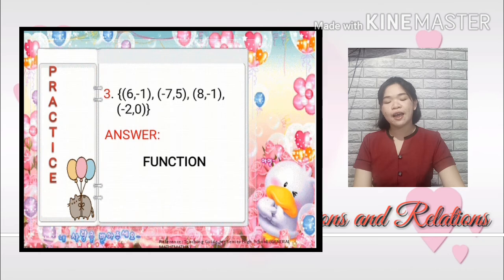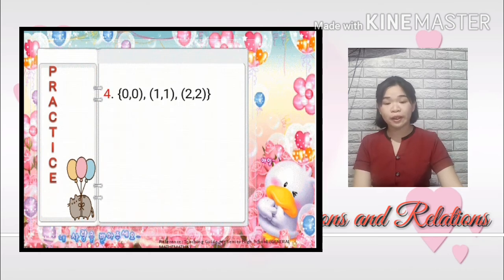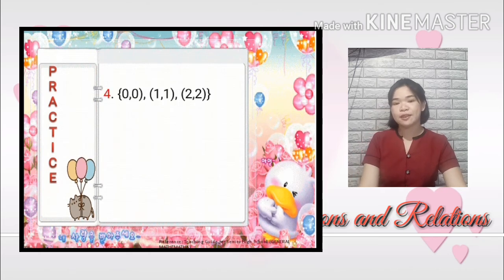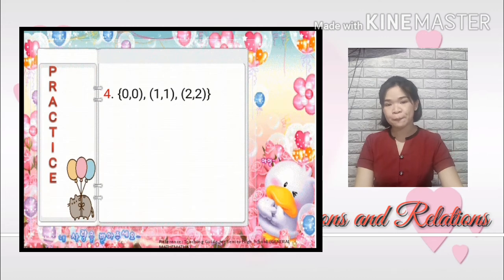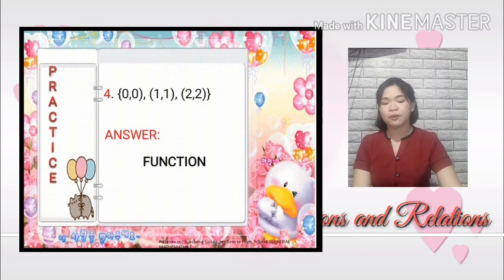Number 4. A set of (0, 0), (1, 1), (2, 2). So is this a function or relation? So this is a function wherein the domains are 0, 1, 2. And then the range are 0, 1, 2 also.